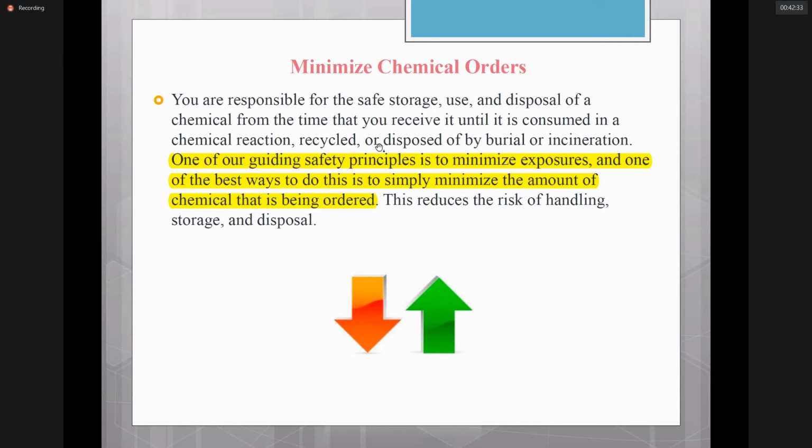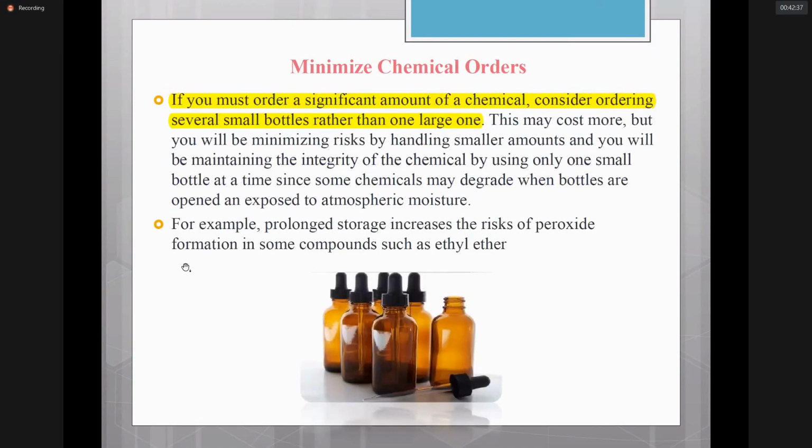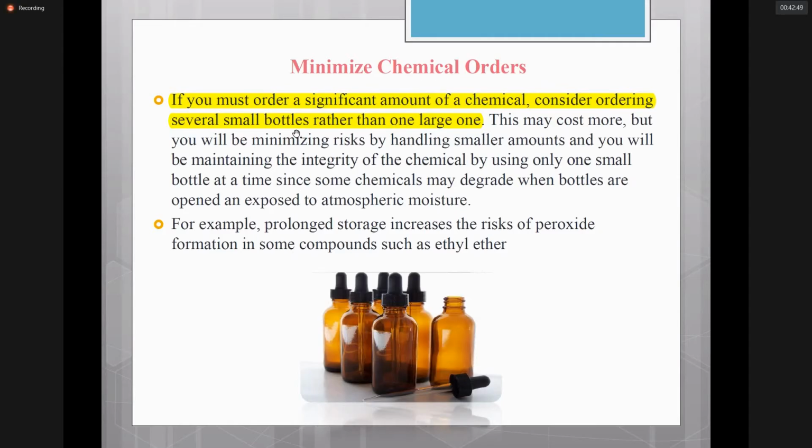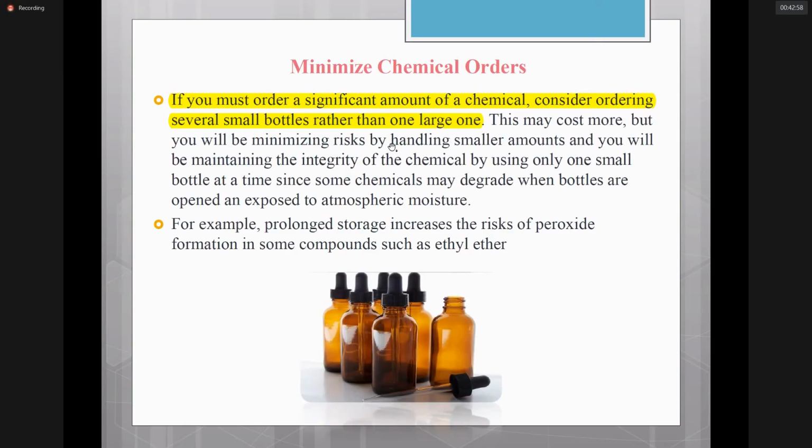It is better to minimize your chemical order. Also, if you must order a sufficient amount of chemical, consider ordering a small bottle rather than a large one. This may cost more, but you will minimize the risk by handling a smaller amount, and the storage will be at its best.